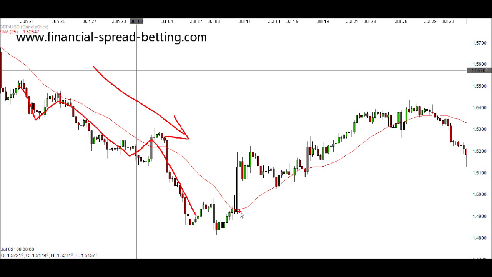And the moving average starts to change direction and head in an upwards direction just around here, the end of this trend, before price does head on the upside.